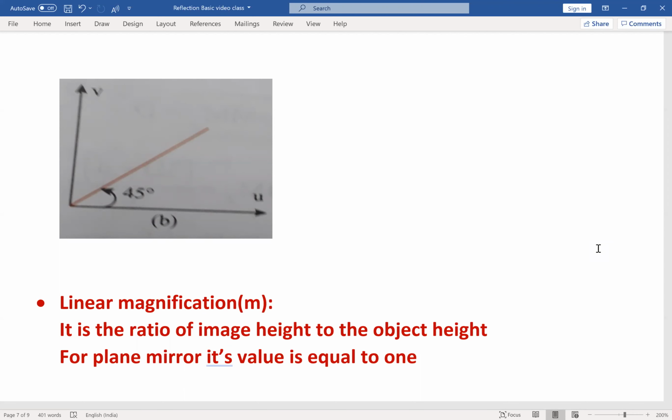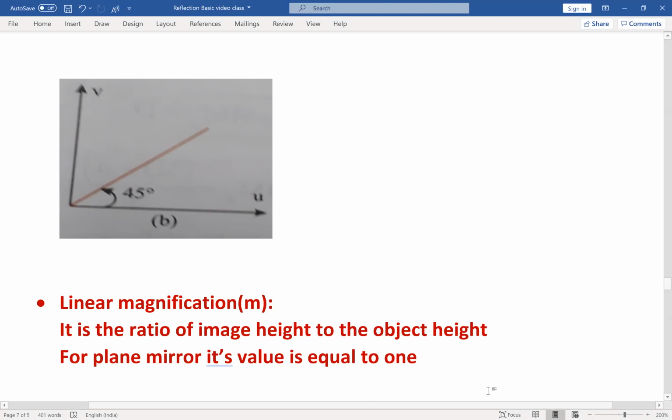Linear magnification tells how much the image magnifies with respect to the object. It is the ratio of image height to object height, and this is applicable for all cases, but here for a plane mirror its value is equal to 1.